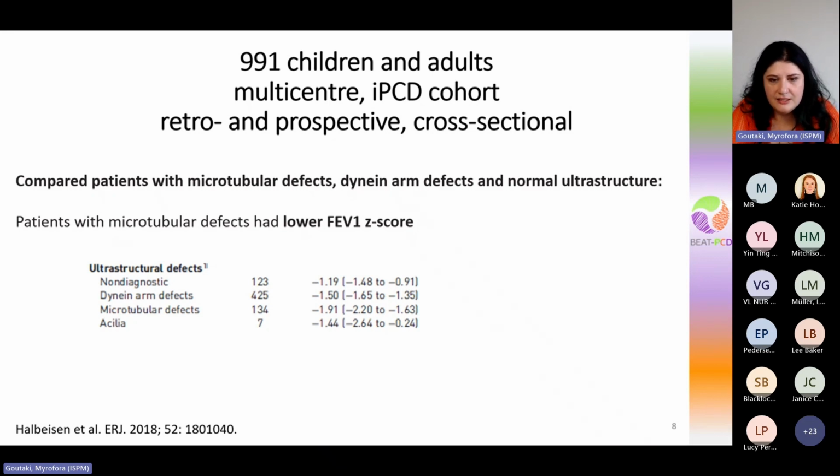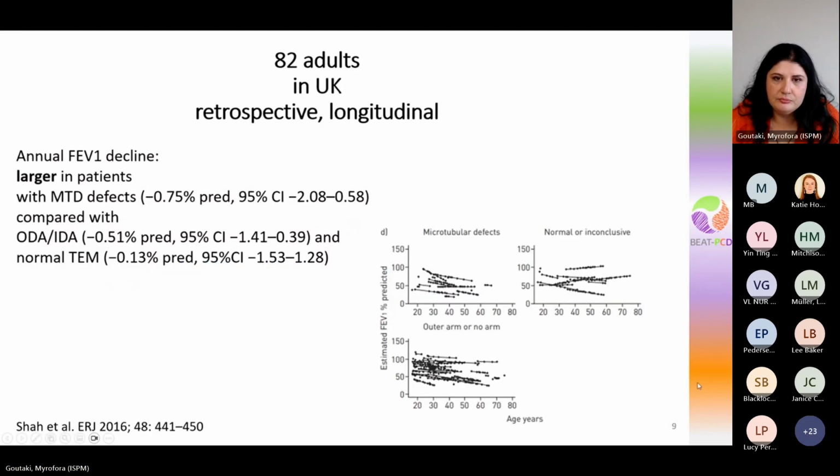Again, even in this kind of very big studies, the possibility to have large groups to compare is because we are grouping many different genes under the functional phenotype group.